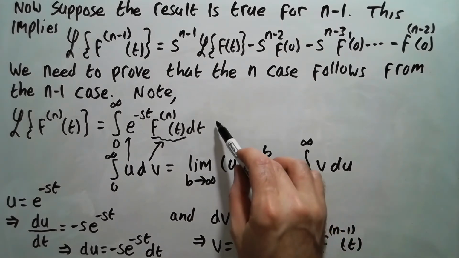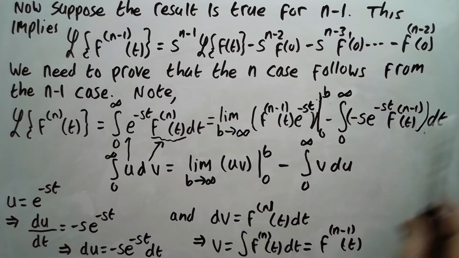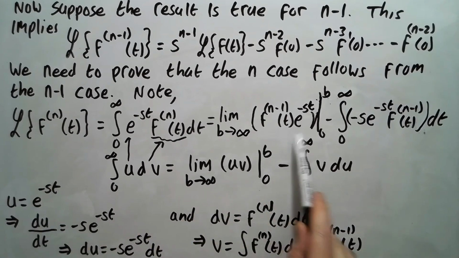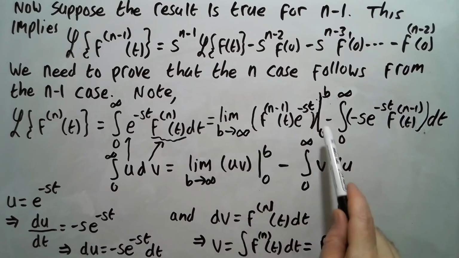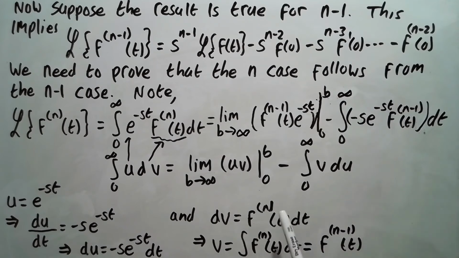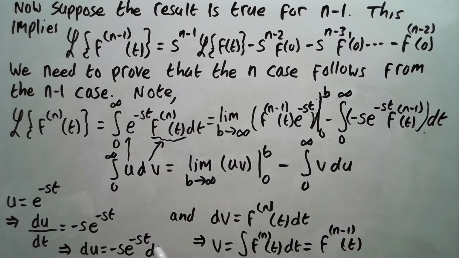So you'd have this then. All right, let's plug in up here then. So doing that, we get this, because we have our uv, which is here, our u, e to the minus st, and our v, the n minus 1 derivative, to be limit b goes to infinity, 0 to b here, then minus the integral from 0 to infinity of my v, which is the n minus 1 derivative, which I have here, times my du, which is negative s e to the minus st dt, which I have here.